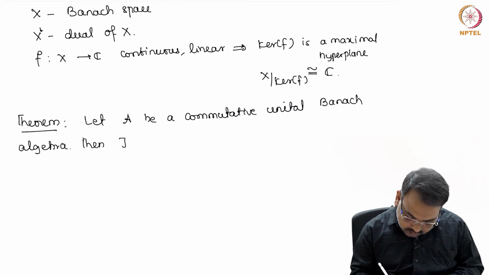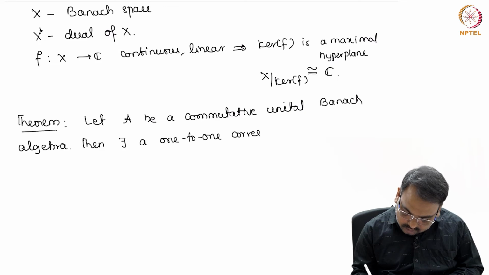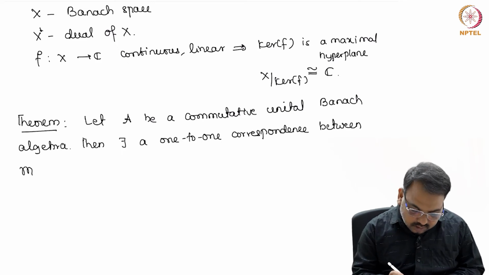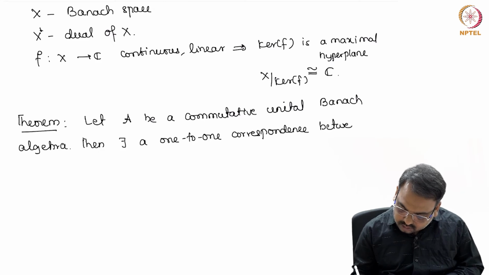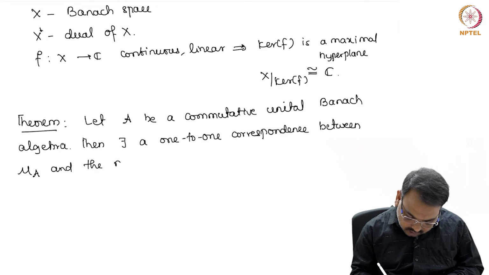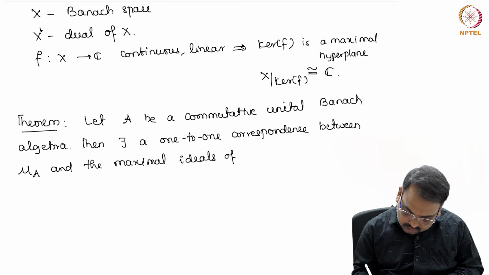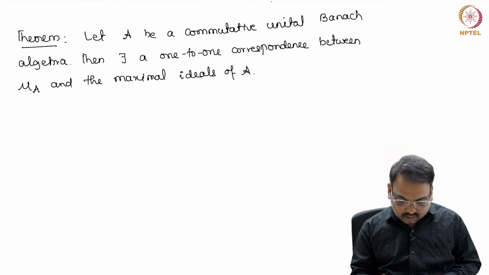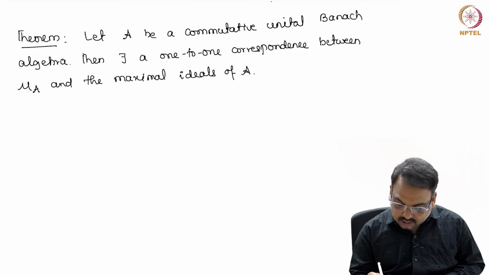Then there exists a one-to-one correspondence between M_A and the maximal ideals of A. So we can find a one-to-one correspondence between the set of all multiplicative linear functionals and maximal ideals in A.